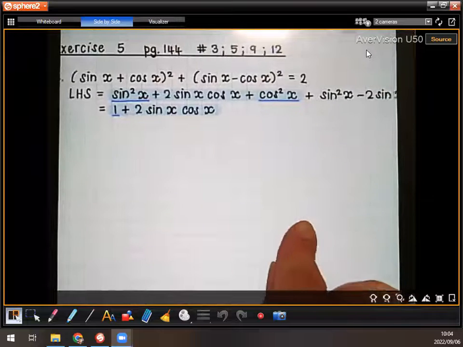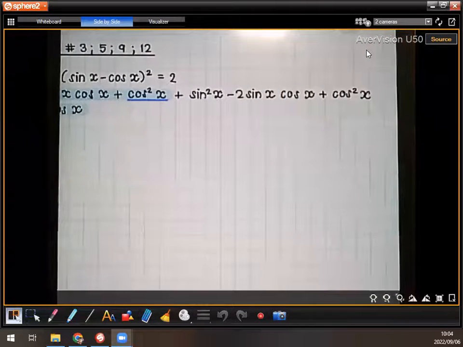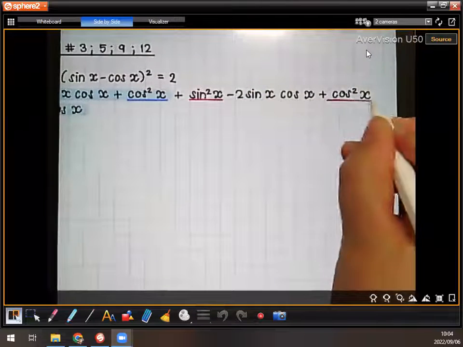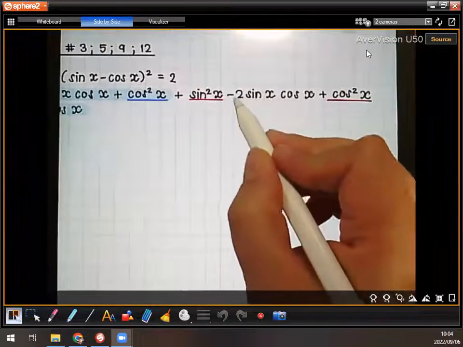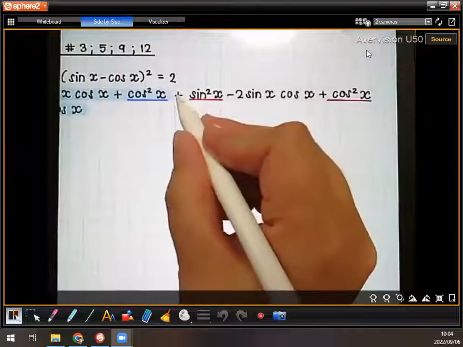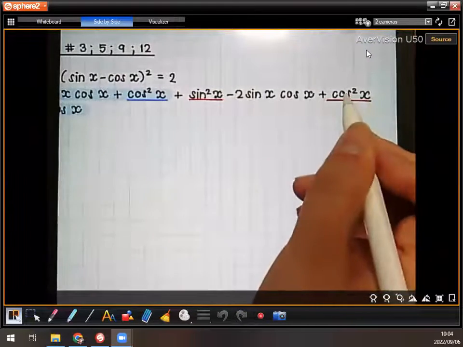Okay, now guys, the same thing actually happens with the next terms that you got from the second bracket that was squared. We again have sin squared x plus cos squared x, which again is 1. And we have a minus 2 sin x cos x. So here we are left with plus, it's a plus 1, right guys? Do we see that? Both of these terms are positive.